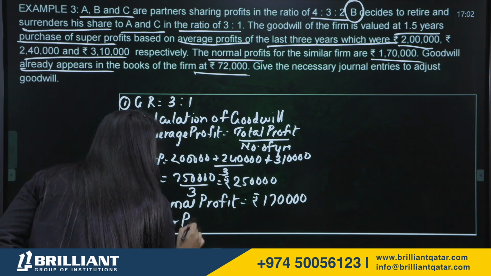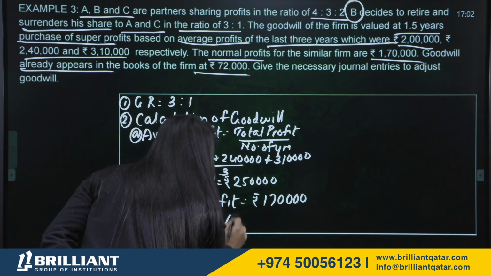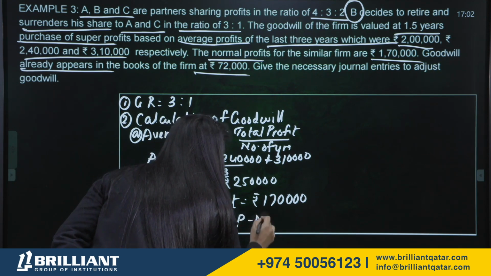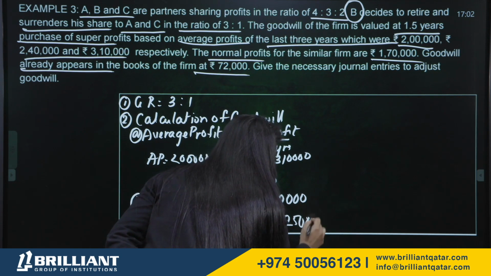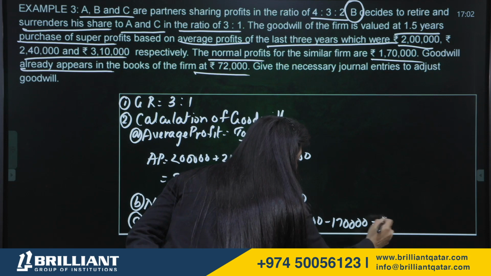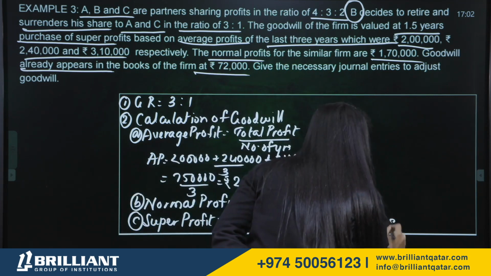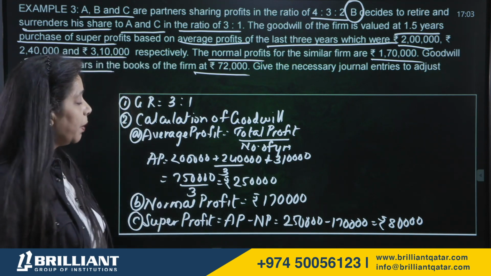So super profit is equal to 2,50,000 minus 1,70,000, which is equal to rupees 80,000. So that is your super profit.